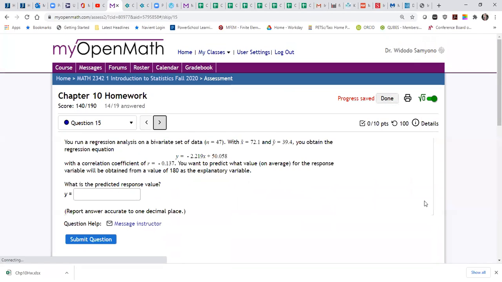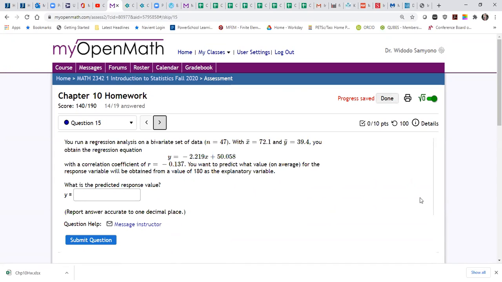Okay, so number 14, 15, right? For this one, you're looking for what is the... okay, so please pay attention for this one. In this case, the R is really close to 0 because you have R equal to negative 0.137.